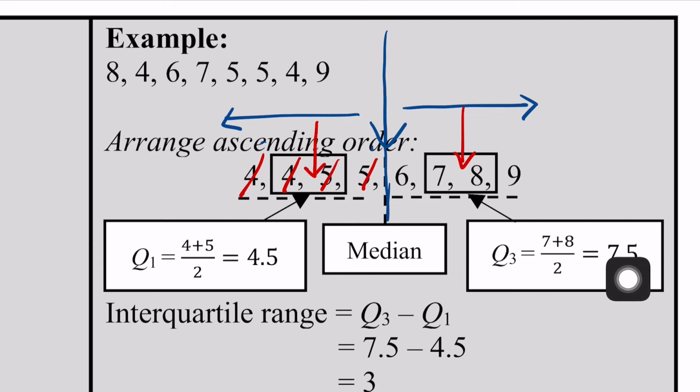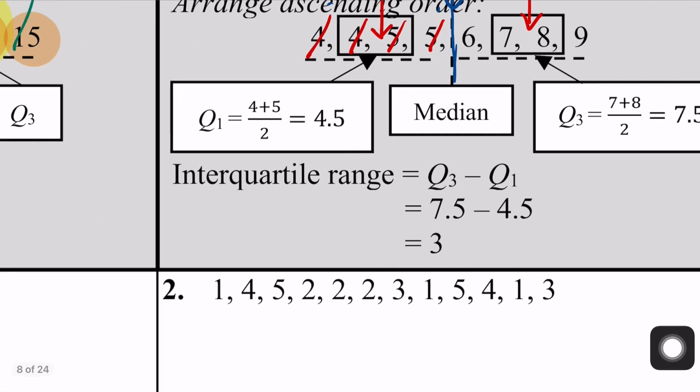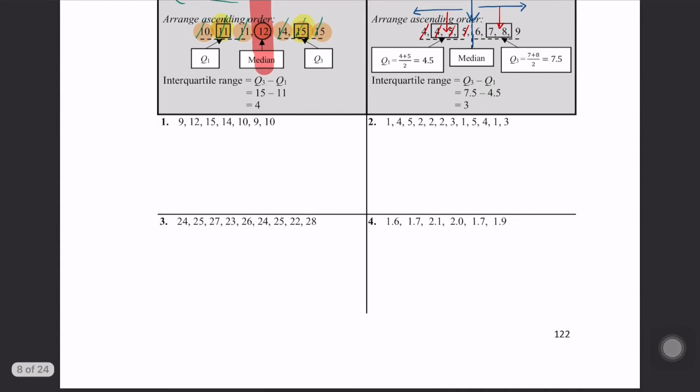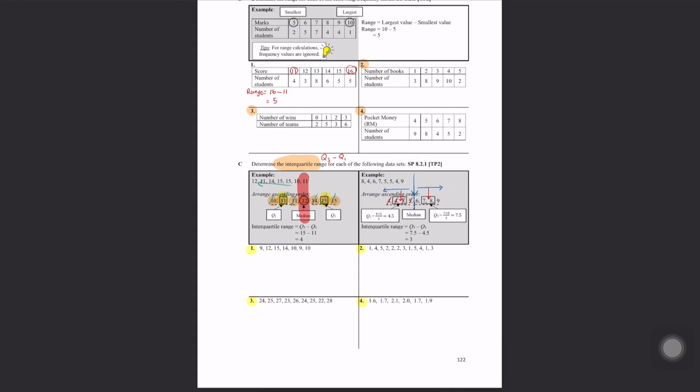Dapat 7.5. So, dah dapat nilai. So, tolak je lah. 7.5 minus 4.5 dapat 3. Boleh? Okay. Macam tu je lah. So, saya nak awak cuba buat nombor 1, 2, 3, 4. Senang sahaja ni.